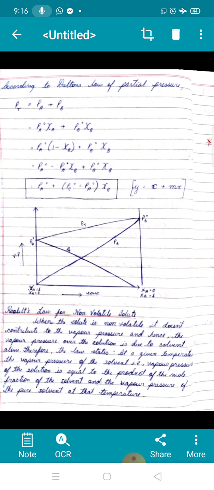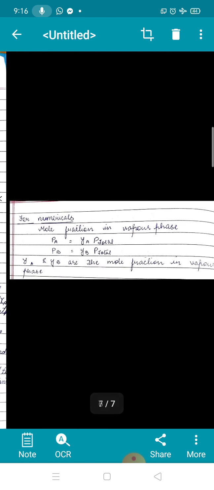Now when the solute and the solvent both go to vapor phase, you know the vapor also is a mixture. So if vapor is a mixture, that is also a solution. Of course, it is a gaseous solution. Now since it is a solution, it will have its own vapor pressure. So we have this formula.